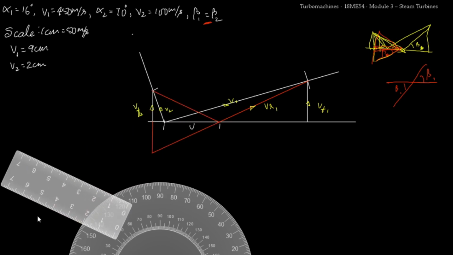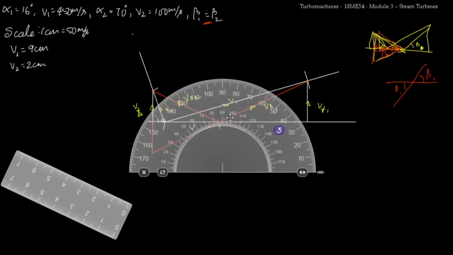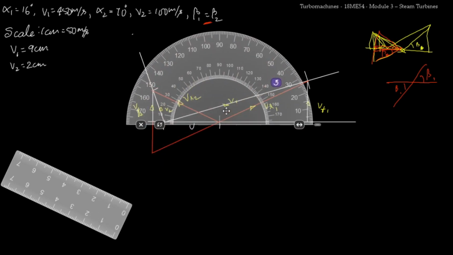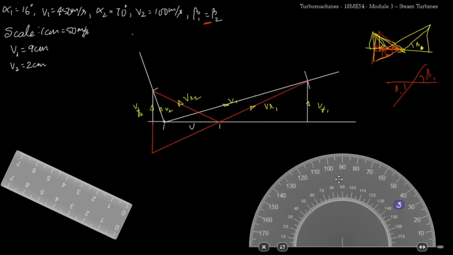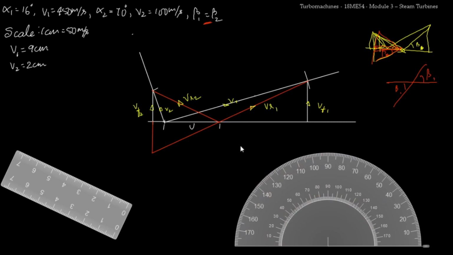So now this is our VR2. Now if I place the protractor over here, you can see that these two angles are 25 degree. They are matching perfectly with each other. So now this completes the construction of the inlet as well as the outlet velocity triangle.